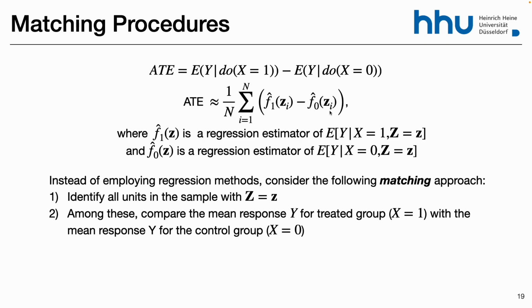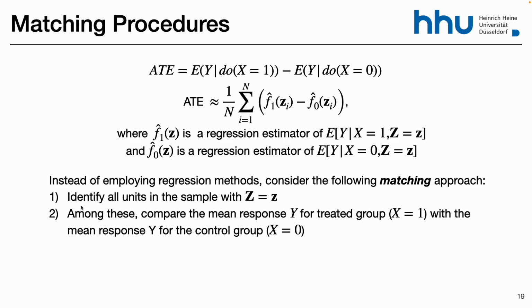Why? Because of this issue of the support that I told you about: sometimes you have sparsity in the data set, and it's good to focus only on the units where you have good representation across these Z's. So instead of employing regression, we could consider this matching.